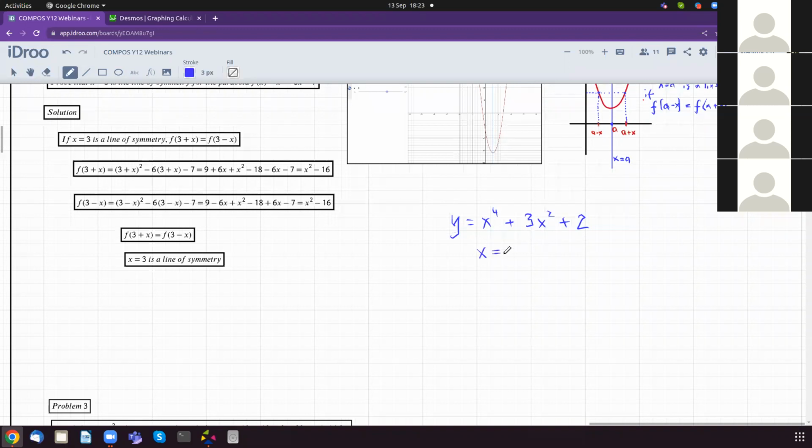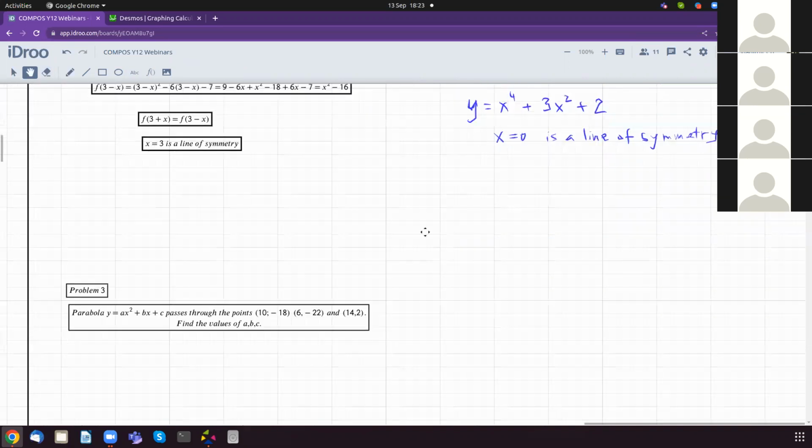But this is an incredibly easier example because this is an even function, and all even functions have x equals 0 as a line of symmetry. Something you do when you study even and odd functions.